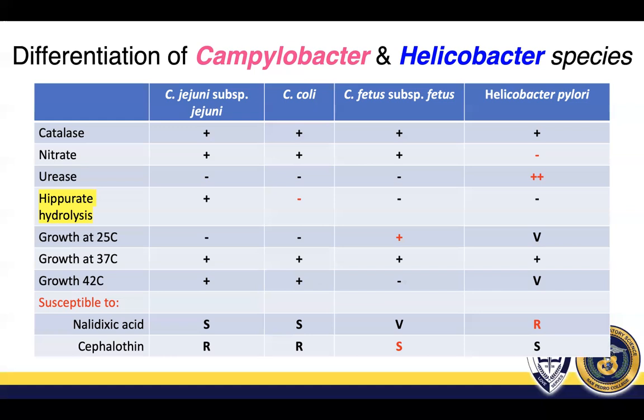And H. pylori is strongly associated with gastric and duodenal ulcers. It is able to produce urease, which produces ammonia, which affects the acidity of the gastric environment. It has also been implicated in gastric cancers or gastric carcinoma.